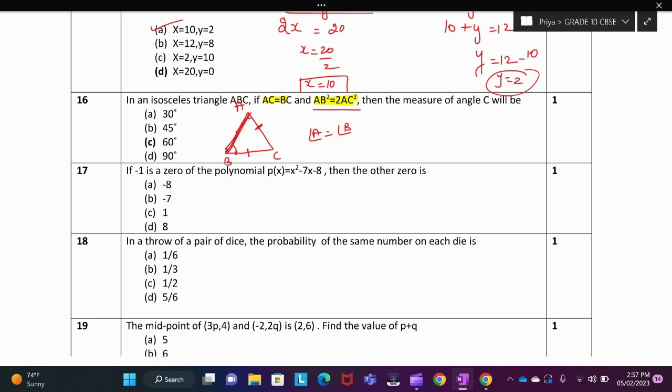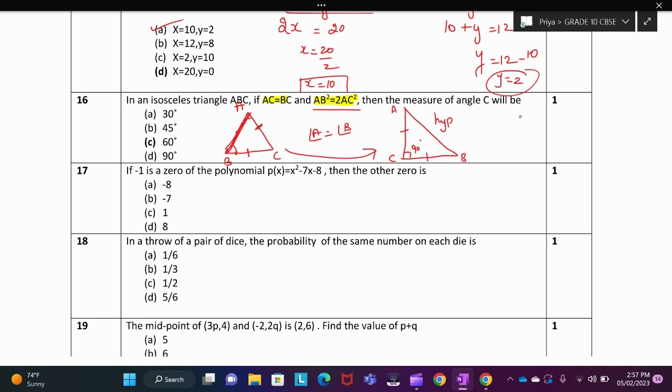So whenever they are talking about AB square, then it can be a Pythagoras theorem. So I have to rechange this figure to this figure where AB should be a hypotenuse side and C should be right angled.